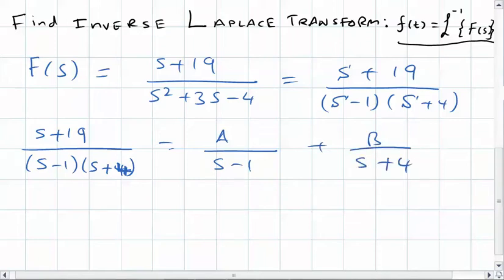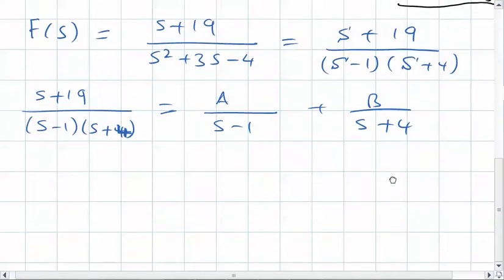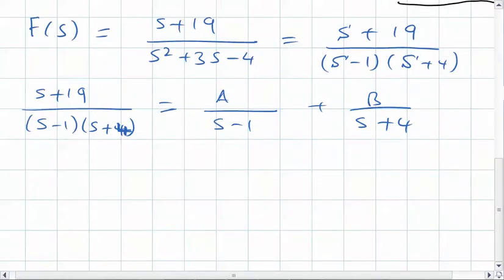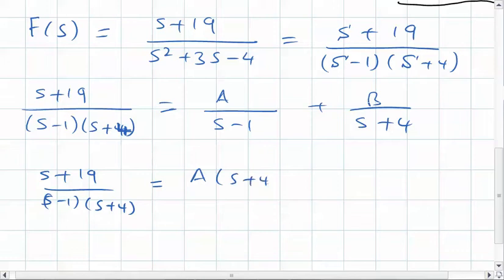So I need to find A and B. Okay, so well, to do that, we can write this again. It will be s plus 19 over s minus 1 times s plus 4 is equal to A, and I am adding these two fractions.